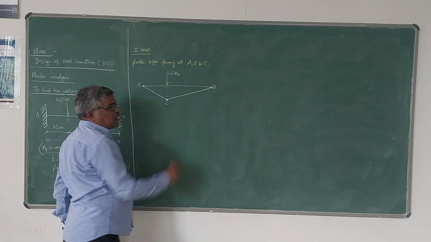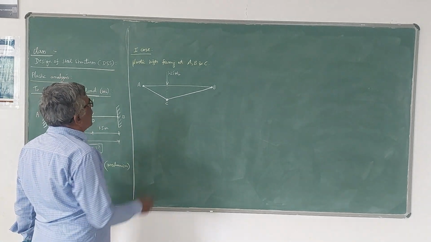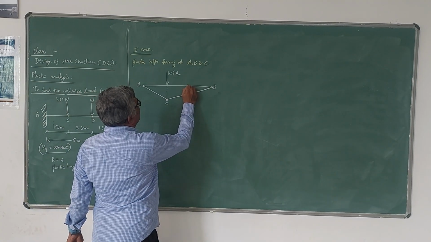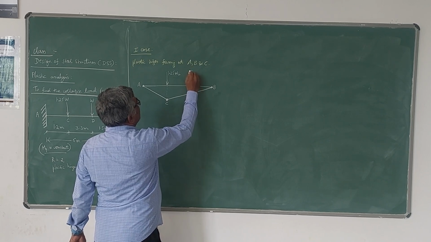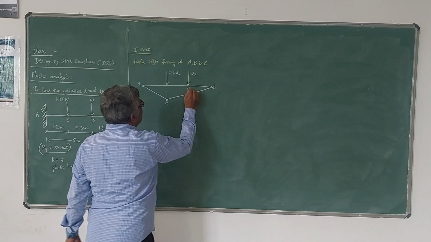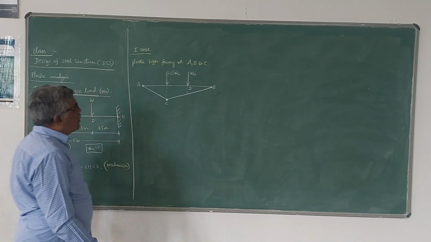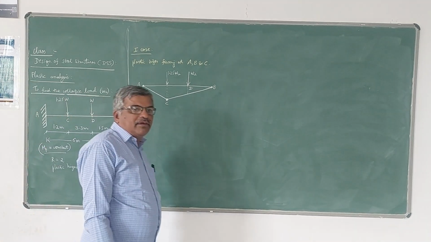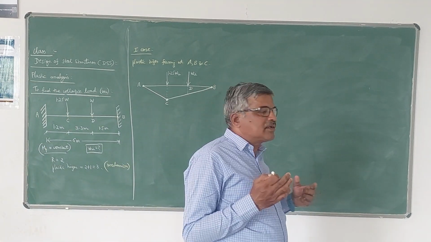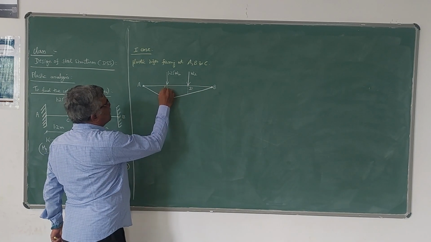I will take it as U because it is under collapse condition, and there is one more load here, that is W at D. Now when you are writing the equation, internal work done is equal to external work done, you have to take these 2 deflections.